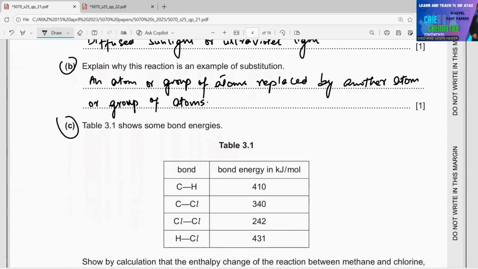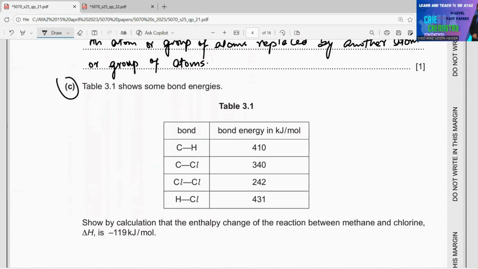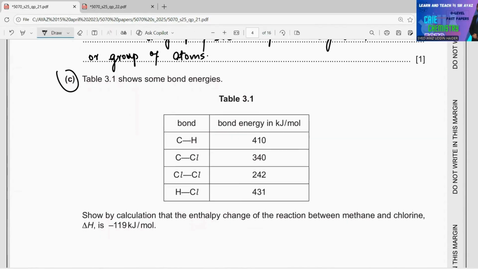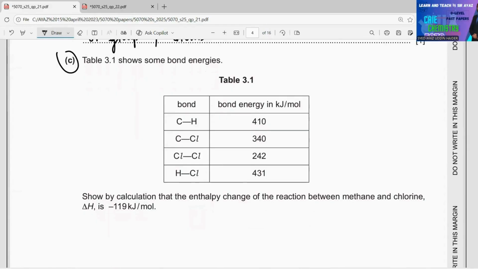See, table 3.1 shows some bond energies. Show by calculation that the enthalpy change of the reaction between methane and chlorine, delta H, is minus 119 kJ per mole. So you have to show by calculation. You know the formula?